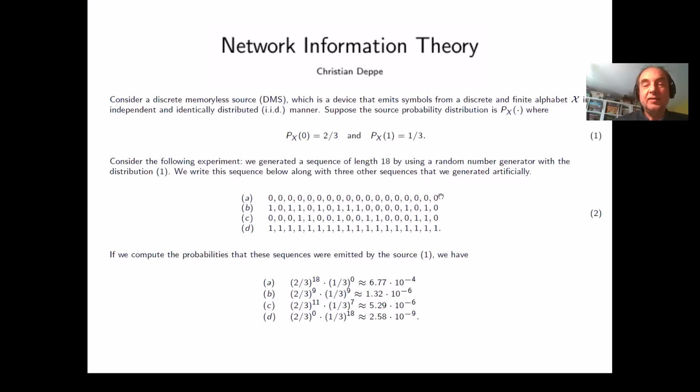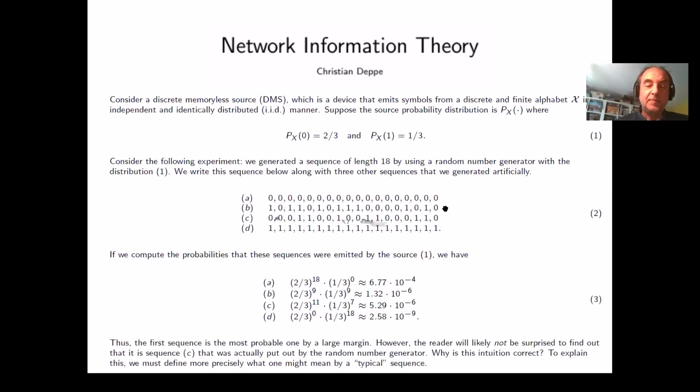But is it really a sequence which is typical? So what would you expect if you look at the source? I think what you will expect is that 2/3 of the symbols are 0 and 1/3 of the symbols are 1. And then if you look at our results, the nearest sequence to this is C. So even if A is more probable than C, typical seems to be something like C, if you just do it intuitively.